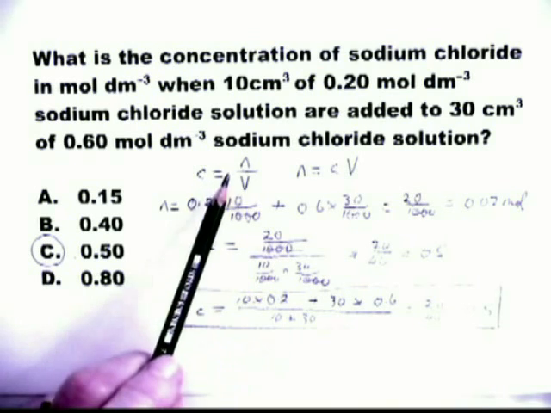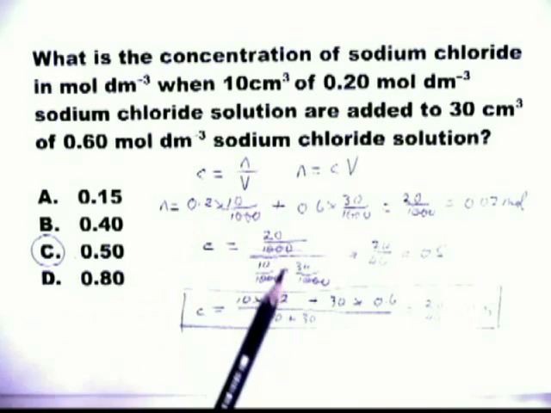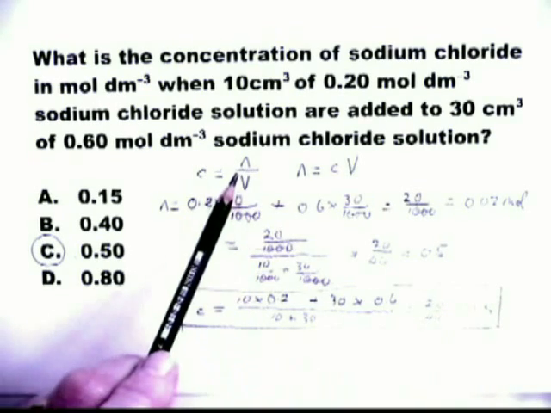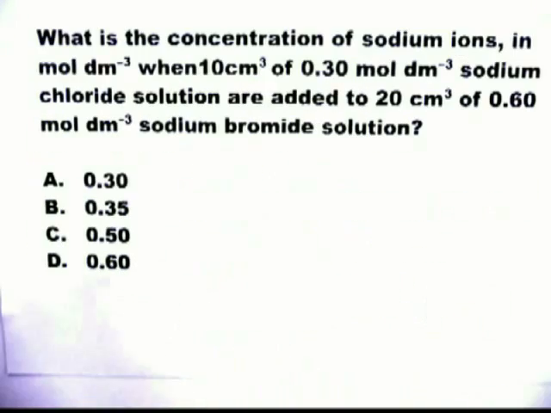So all you're using is these two formulas. Concentration equals number of moles over volume, and number of moles equals C times V. When you look at this problem, you're expected to realize that the concentration of sodium ions is the same as the concentration of sodium chloride or sodium bromide.